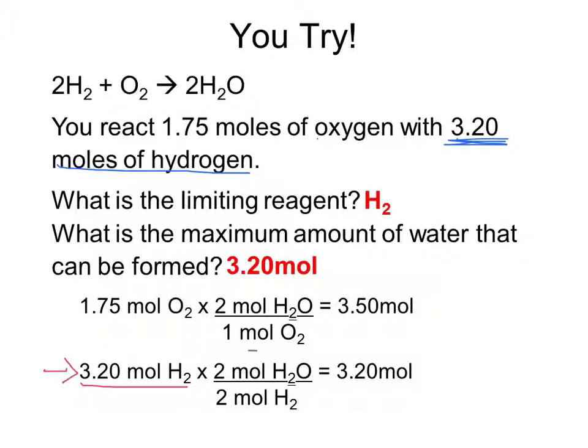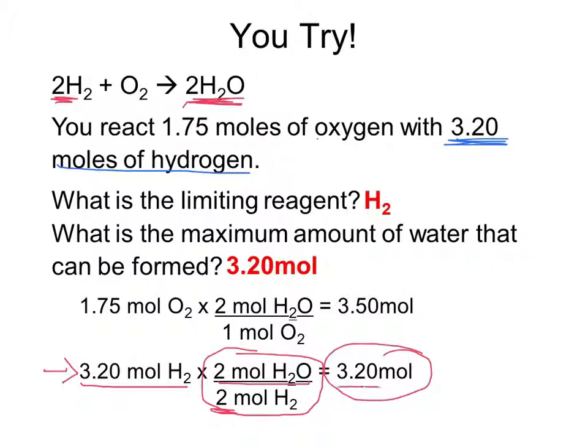I know from my balanced equation that every 2 moles of hydrogen will give me 2 moles of water. So here's my 2 from here, and here's my 2 moles of water. And in this case, I can only make 3.2 moles of H2O.